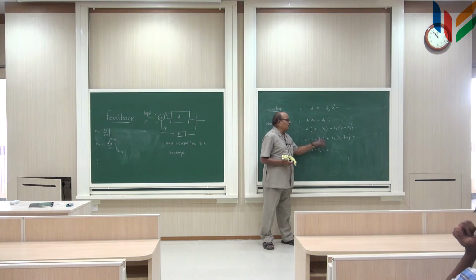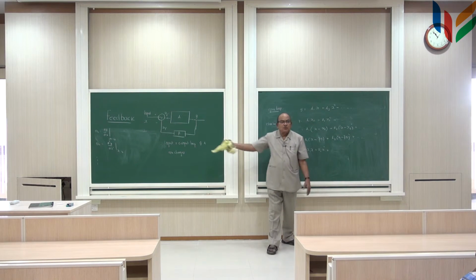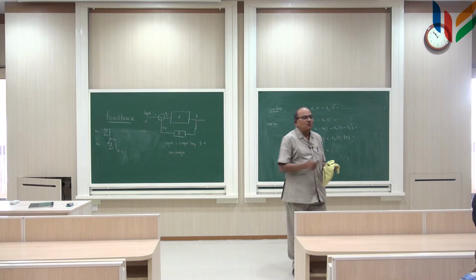Only thing is y occurs on both sides. So, when you take a derivative, you will have to take the derivative on both sides also and substitute dy by dx equal to 0 on both sides.